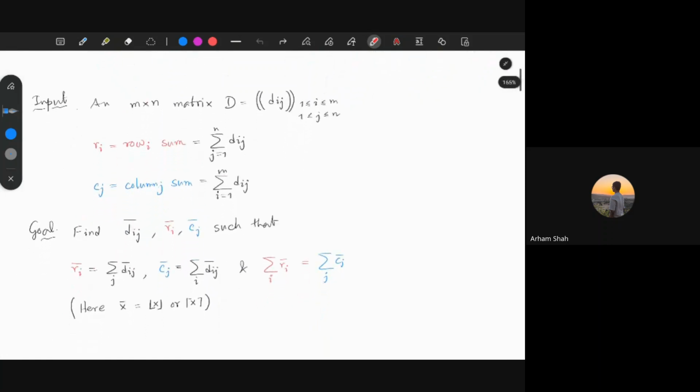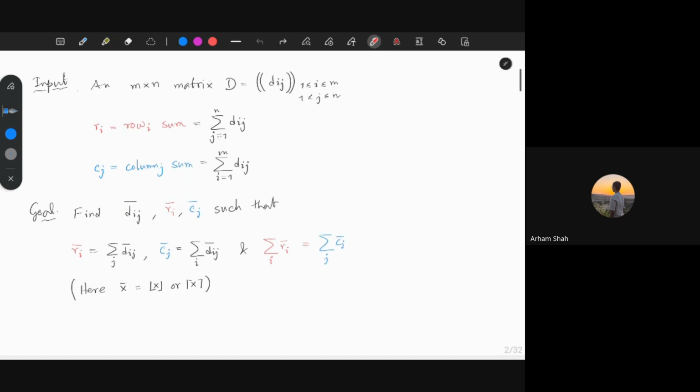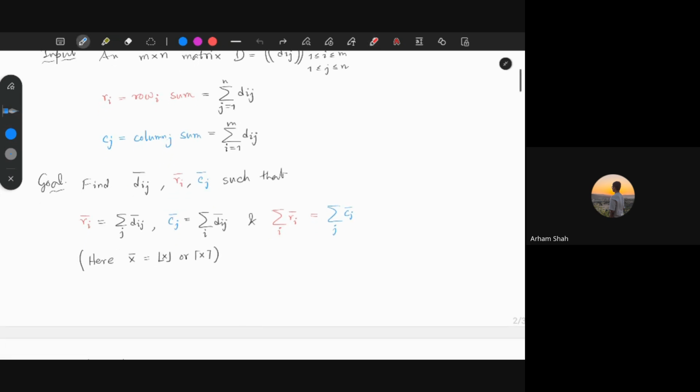I want to find the integral values of these entries, rounded up or rounded down values, which I denote by a bar.